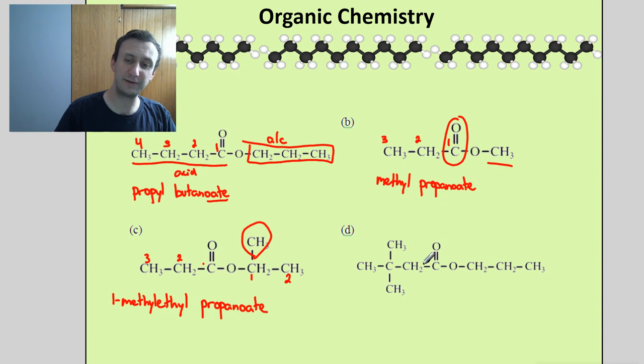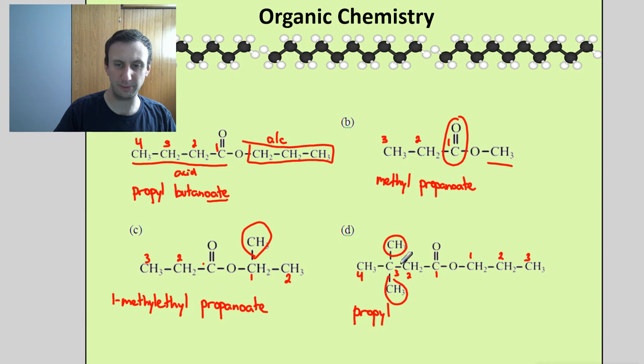Now here I've got some branches coming off of the carboxylic acid portion. So again, a little bit different. So the alcohol portion for this is really easy. I've got 3 carbons that are coming off of that single bond O, the alcohol portion. So that's just propyl. Now I leave a space. And now I've got 1, 2, 3, 4 carbons in my parent chain for the carboxylic acid, and I have 2 methyl groups coming off of carbon number 3.